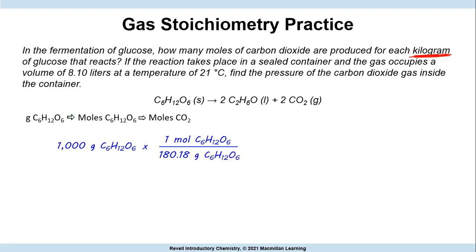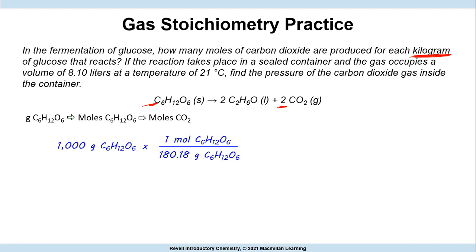Now we have our value in moles of glucose. We are now going to use the balanced equation to move to moles of carbon dioxide. In the balanced equation, we see that 1 mole of glucose gives 2 moles of carbon dioxide. So the conversion factor will be 1 mole of glucose to 2 moles of carbon dioxide.